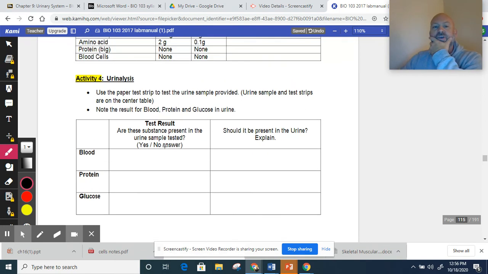If you were to do a urinalysis, you would pee into a cup and then dip a urinalysis test strip. And it would change colors depending on what's in there and what's not. So let's say that there was blood in the urine and there was proteins in the urine and there was glucose in your urine.